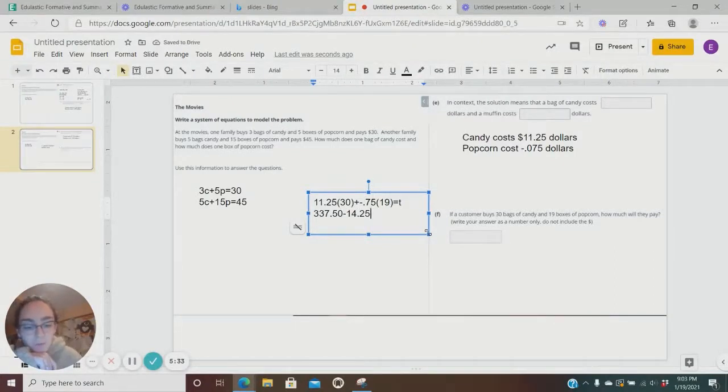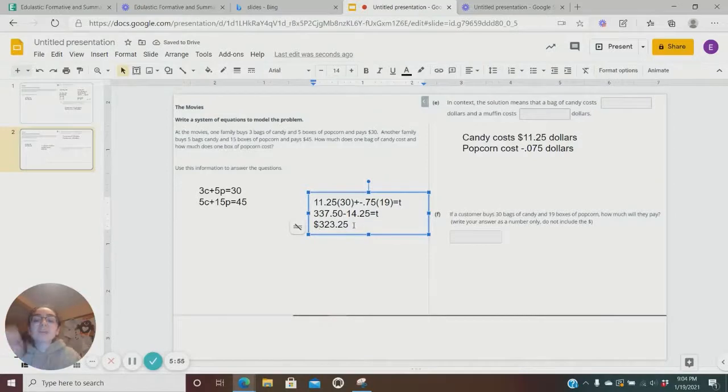That would get us our total amount. When we do this, 337.50 minus 14.25, we get 323.25.